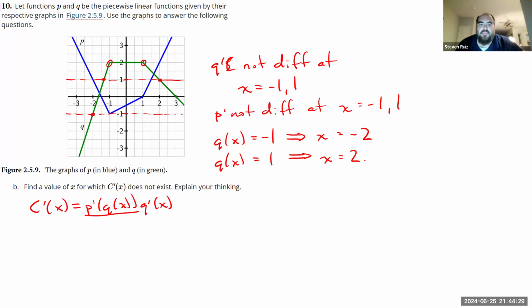Let's go ahead and estimate, and we'll say that's -1 1/3 or -4/3. So I believe I have 5 different values where this derivative c prime would not exist.